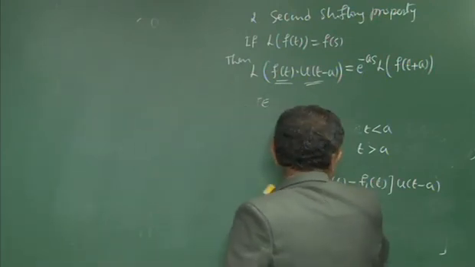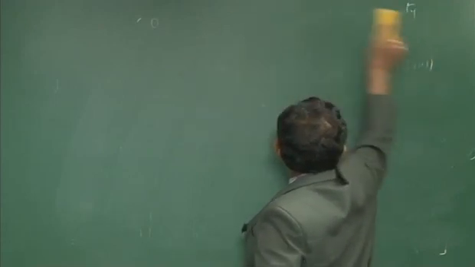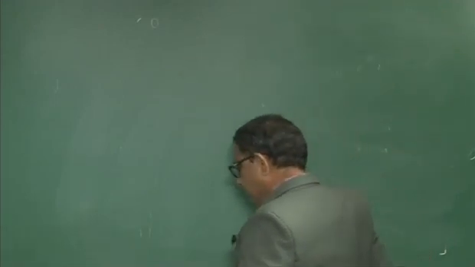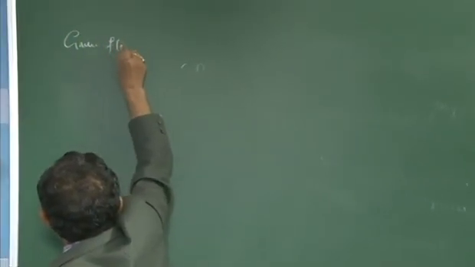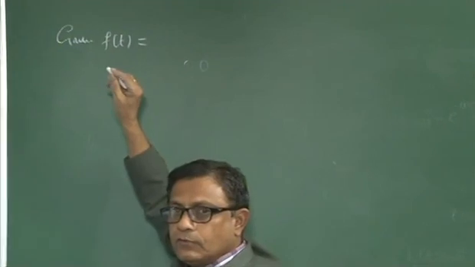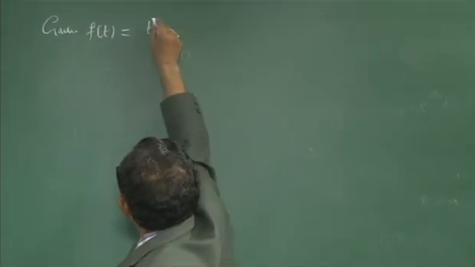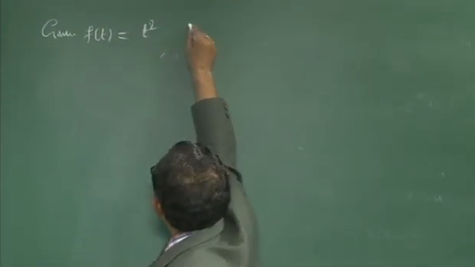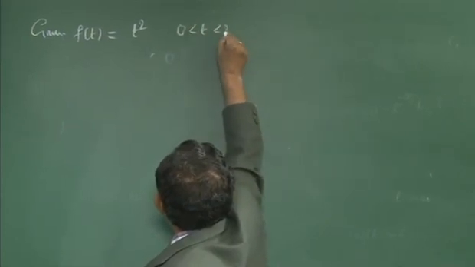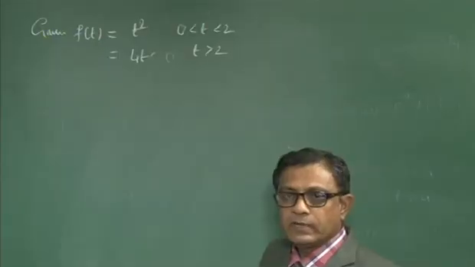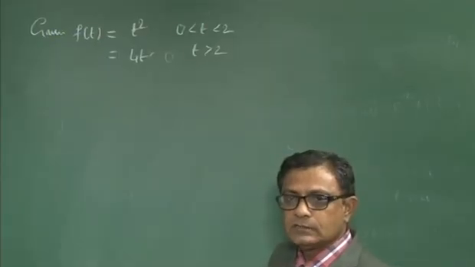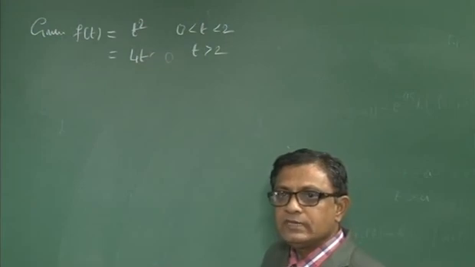First example, given f of t, which is defined as t square for 0 less than t less than 2, and equal to 4t for t greater than 2. First part, you have to express the given function in terms of unit step function.